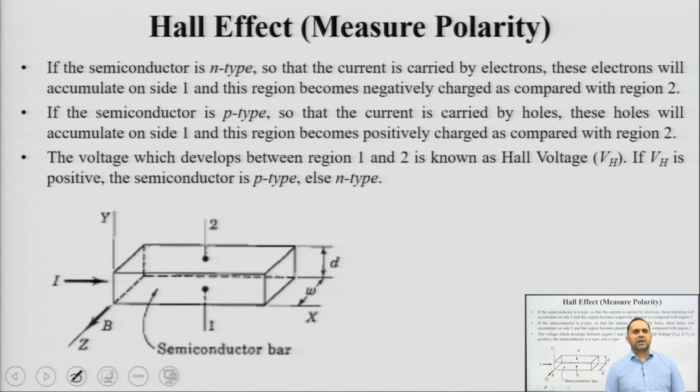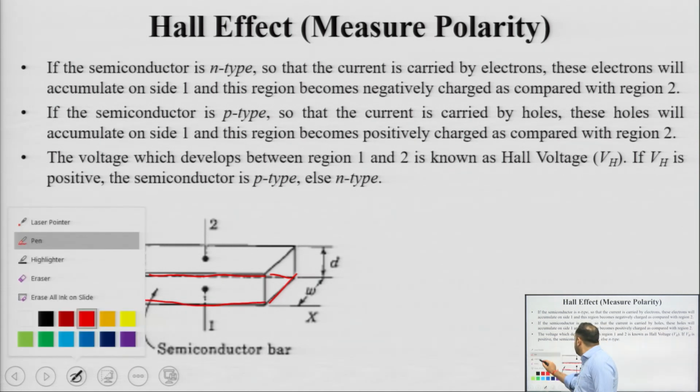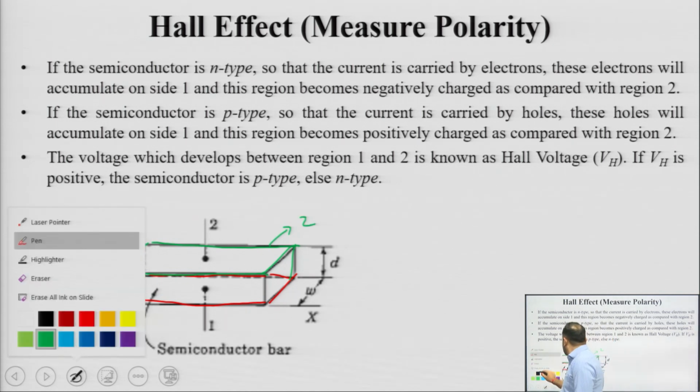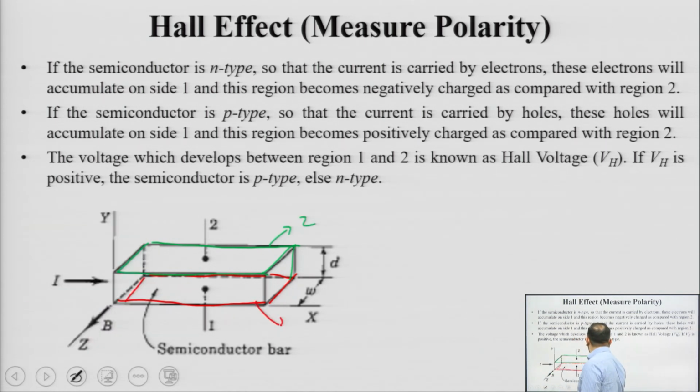Now, if the semiconductor is n type, the current is predominantly carried by electrons, and these electrons will accumulate on side 1, this lower surface which I have shown here, this is surface 1. And this top surface is surface 2, separated by a thickness d. So, this is region 2 and this is your region 1, the lower side region.